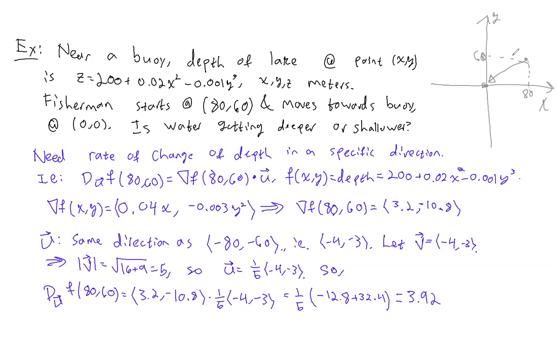So now the original question is: is this water getting deeper or is it getting shallower? So what do we think? Given that we just found that the directional derivative is 3.92, what does that mean for our lake? Is it getting deeper or shallower?